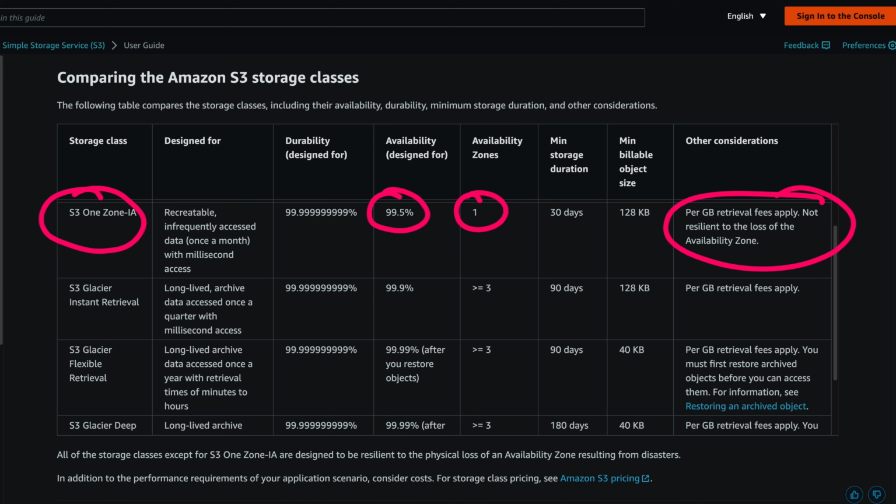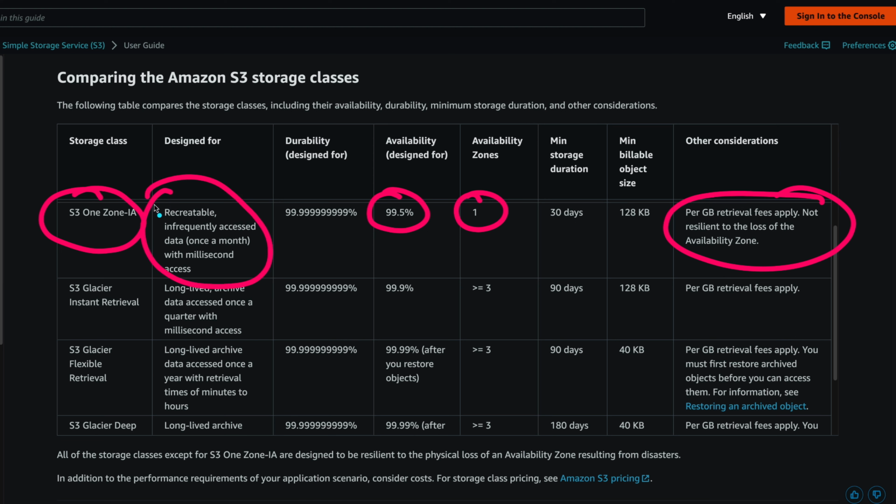And then if something were to go wrong with the availability zone where your objects were stored, you could recreate them. You'd still have the original image in the S3 bucket. You could trigger something to regenerate the thumbnails and other images that were processed after. So again, the S3 One Zone infrequently accessed storage tier is designed for recreatable and infrequently accessed data.